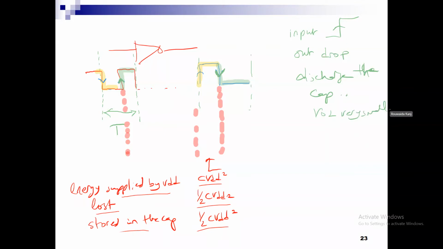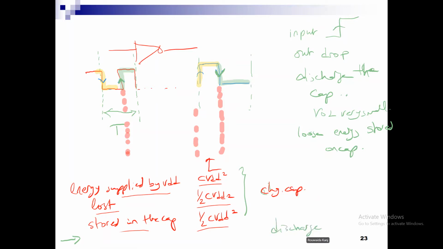So we are going to lose the energy that is stored on the capacitor. In the first half, all of this was for charging the capacitor. Now in the second half cycle we are going to discharge the capacitor, and so we are going to lose the stored energy in the cap. Now let's go show it.